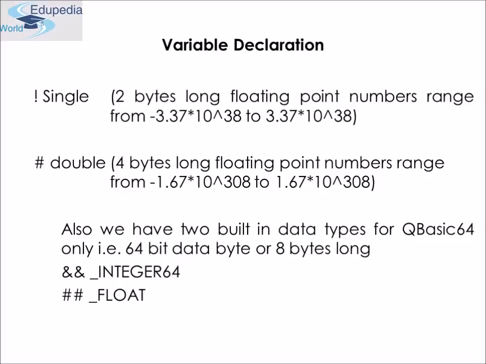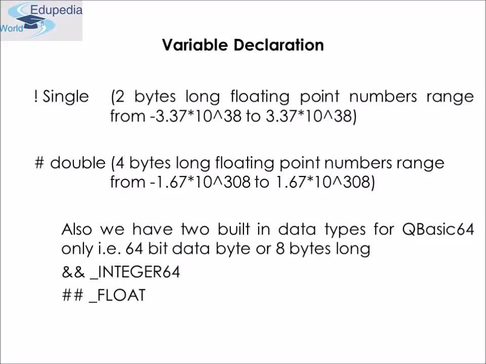The ranges there, as their names show: single has a single precision value, so it ranges in exponential power up till 38, whereas double is an 8-byte long double precision value, so the exponential power ranges up to 308.